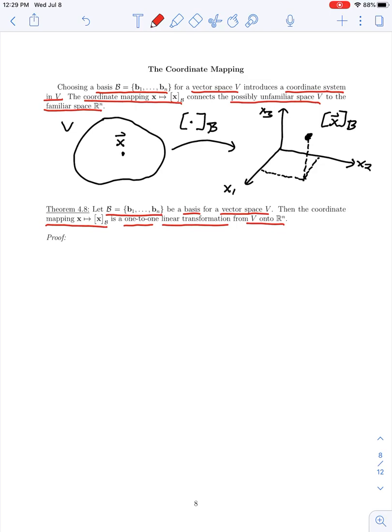In order to show that this mapping is linear, we need to show that it preserves vector addition and scalar multiplication. Here, let us consider two vectors in our vector space V. Let's call these vectors u and w.